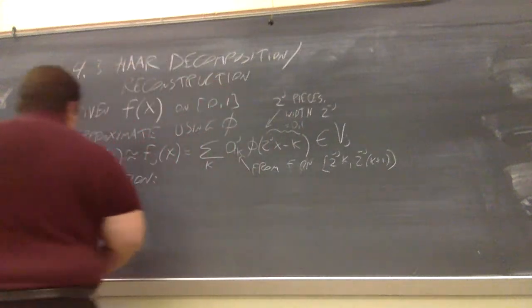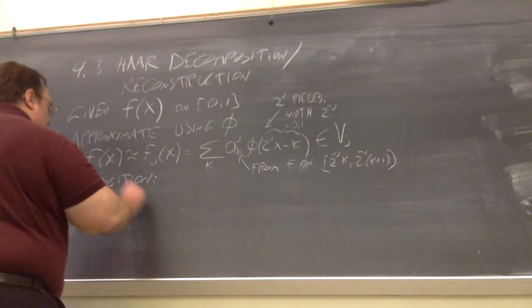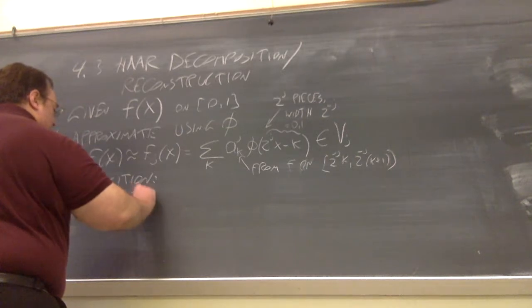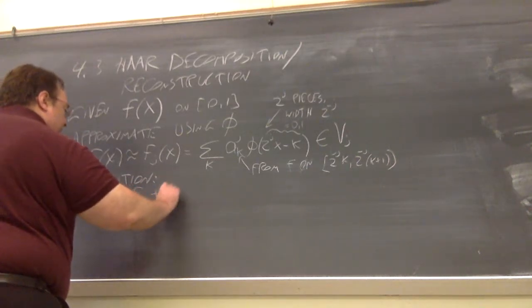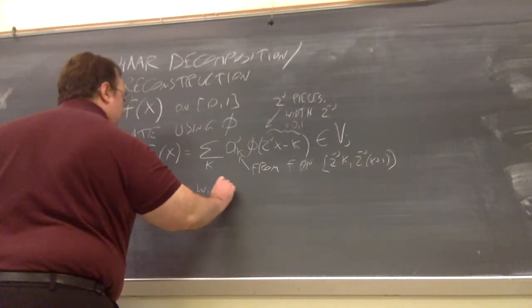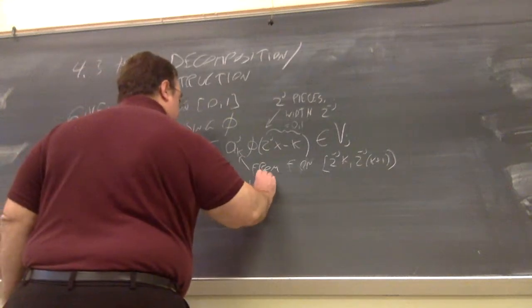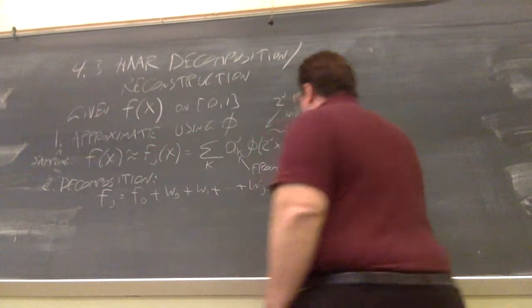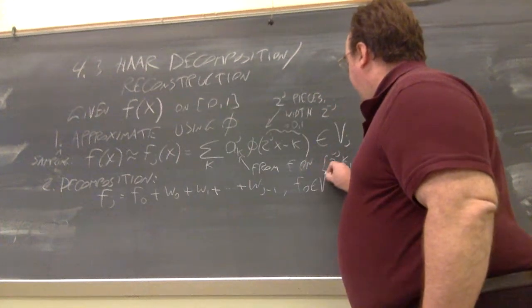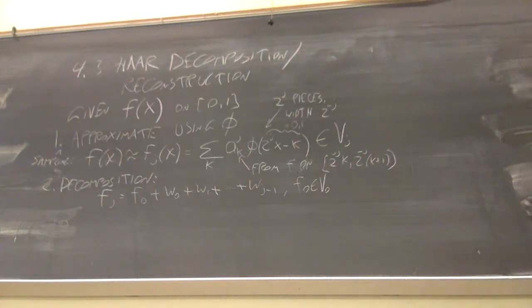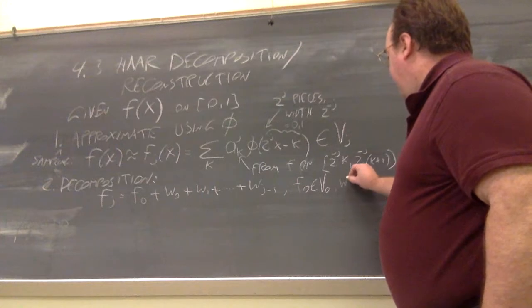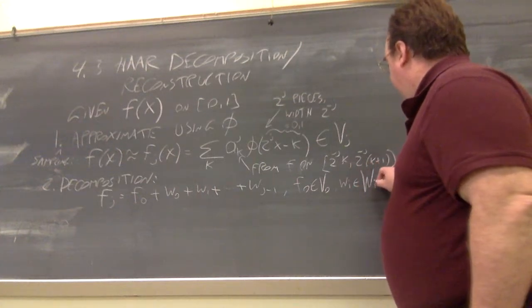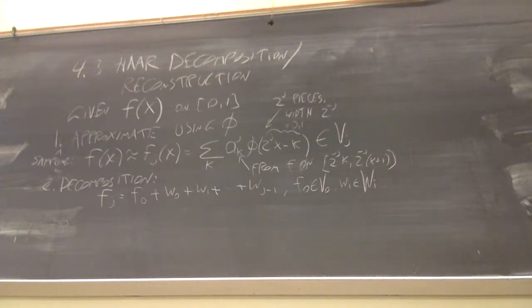But the decomposition will be into f0 plus w0 plus w1 and so forth, all the way down to w(j minus 1), where f0 is in V0, so that's just a function that's constant on [0, 1]. And then each of these w's are in the space Wi, linear combinations of the Haar wavelet at that level.